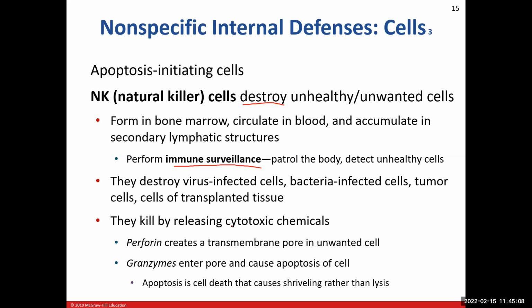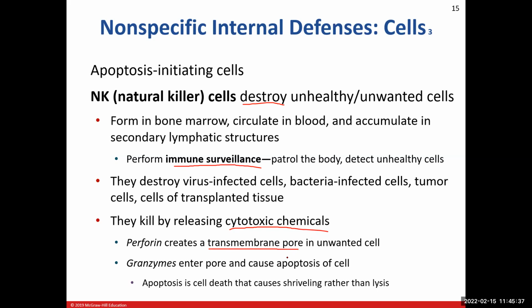How do they do that? They release these chemicals, cytotoxic chemicals. Cyto is cell, so these are toxic chemicals to the cell. And there's two types. We have our perforin, which is really kind of cool, because what the perforin does is it creates holes in the cell. So these cytotoxic chemicals form perforins in the unwanted cell plasma membrane.